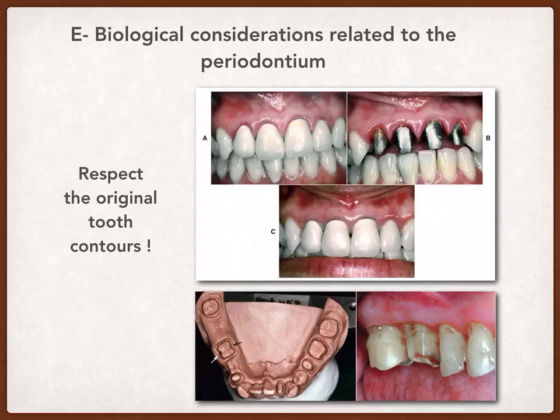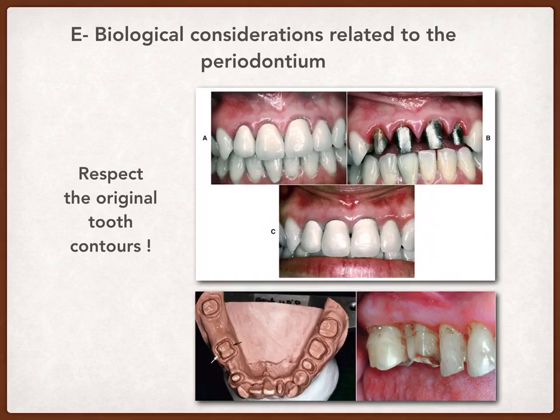And the fifth factors that we should keep in mind are the biological considerations related to the periodontium. We should respect the periodontium, which is one of the most common problems that patients with restorations and prostheses face. Guys, that is very important, by respecting the original tooth contours. As we can see in picture A, the gingiva is swollen, and that is because the teeth are over contoured.